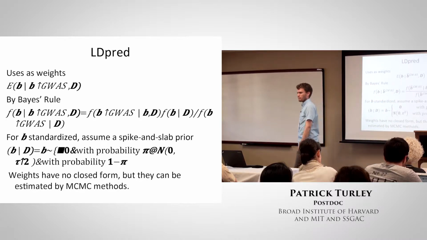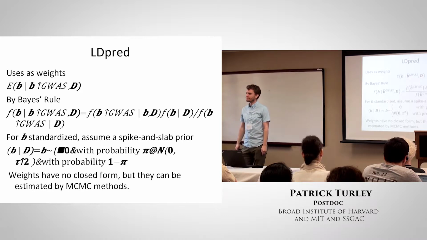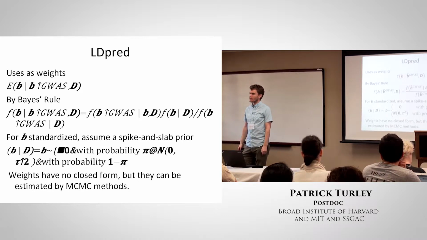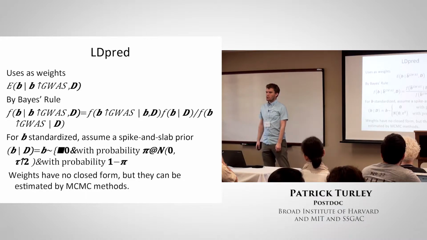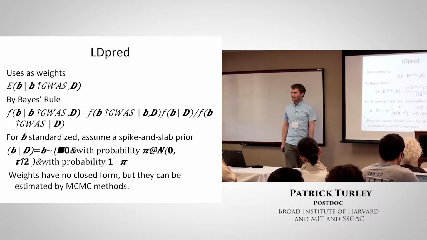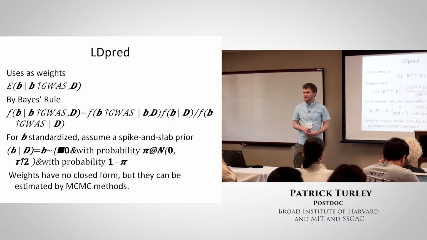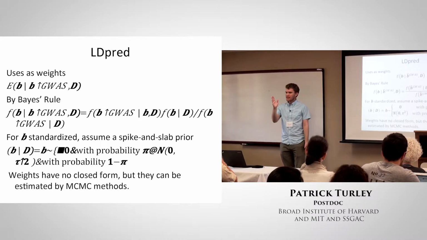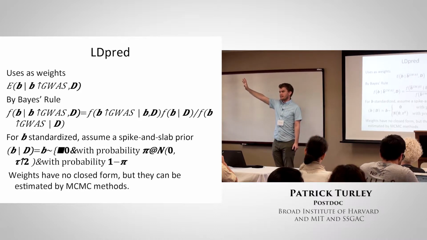Aren't you afraid that adding this prior gives you an over-adjustment bias? In what sense? That you're shrinking your beta towards zero with a zero prior? The question is whether that is an over-adjustment. We are shrinking things towards zero. With this mass at zero, things that are estimated to have a small effect, we're going to shrink a lot, and things that have a large effect, we're going to shrink less.